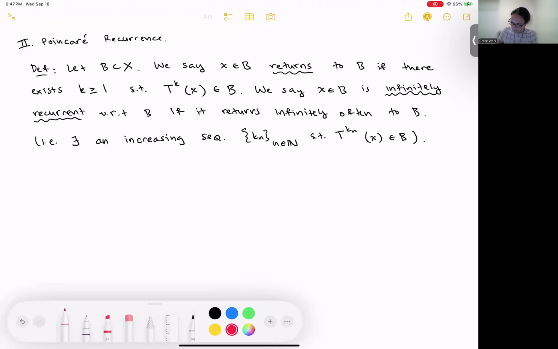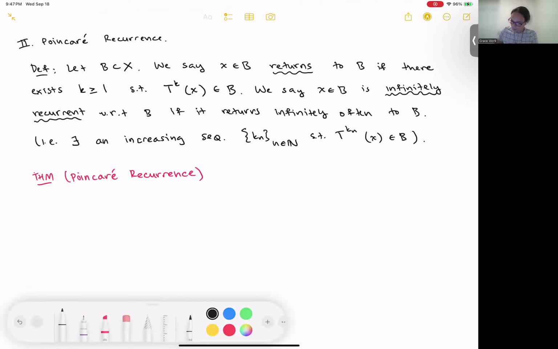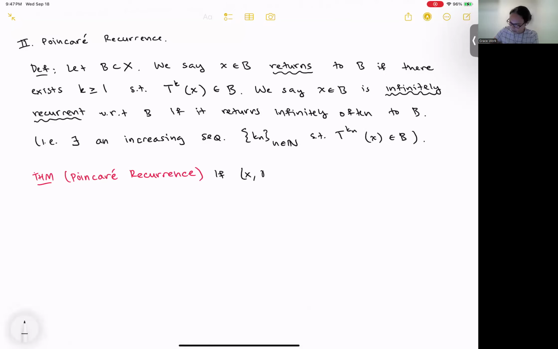All right. So our theorem, Poincaré recurrence, is the following. We have a probability space and we have a transformation that's measure preserving.